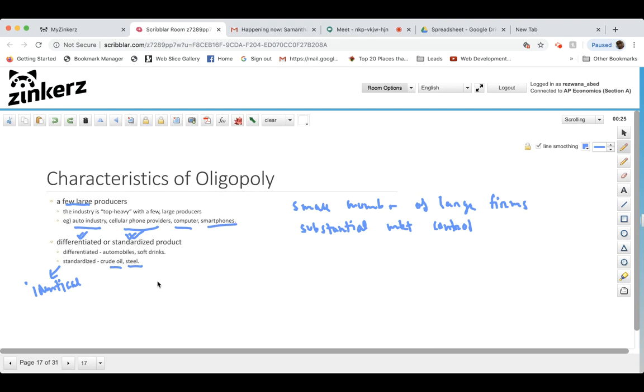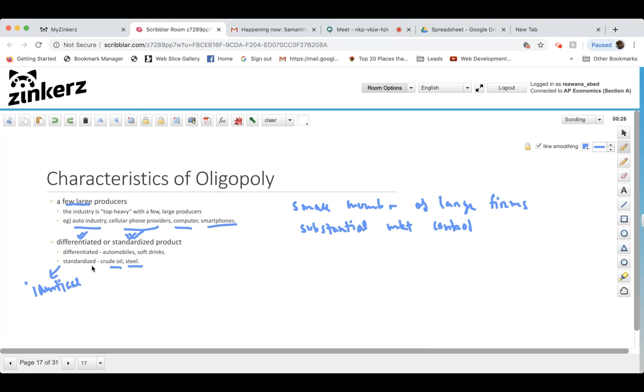We use oil for cars or whatever. So the oligopolies that make identical products are essentially just processing raw materials that are going to be used as inputs in other industries. Okay, so aluminum, steel, petroleum, these are the oligopolies that produce identical products.